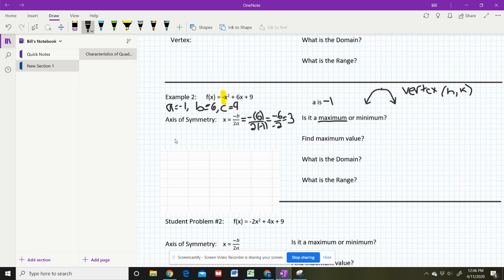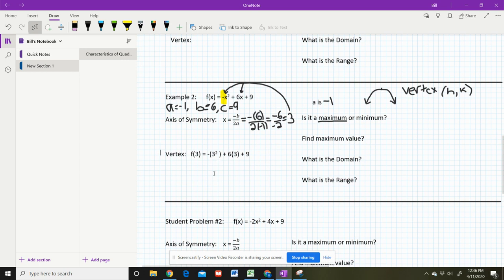All right, so now we need to plug our 3 into wherever we have x. So with function notation, f of 3 is equal to negative 3 squared plus 6 times 3 plus 9. And always remember this part with the parentheses is critical. That negative is not attached to that x. So we square the number first, and then we apply the negative.